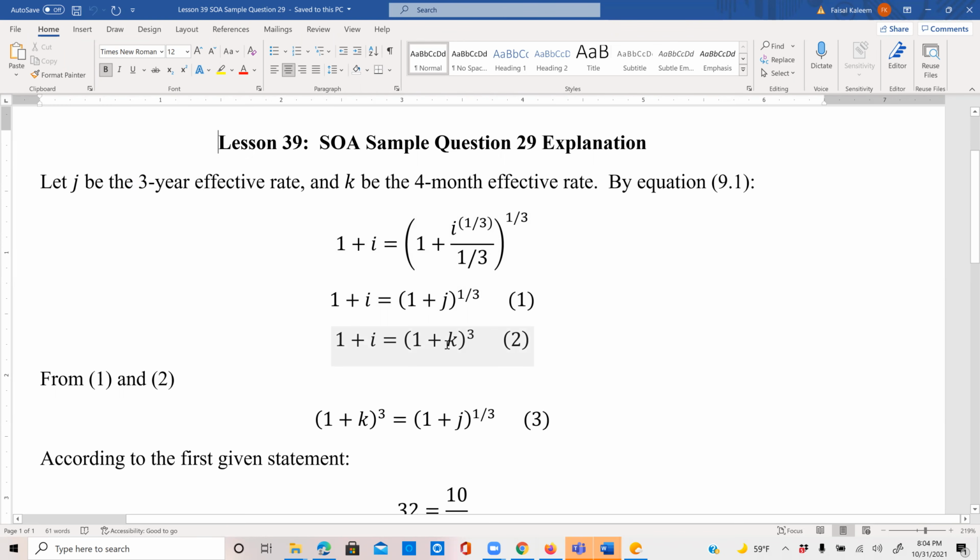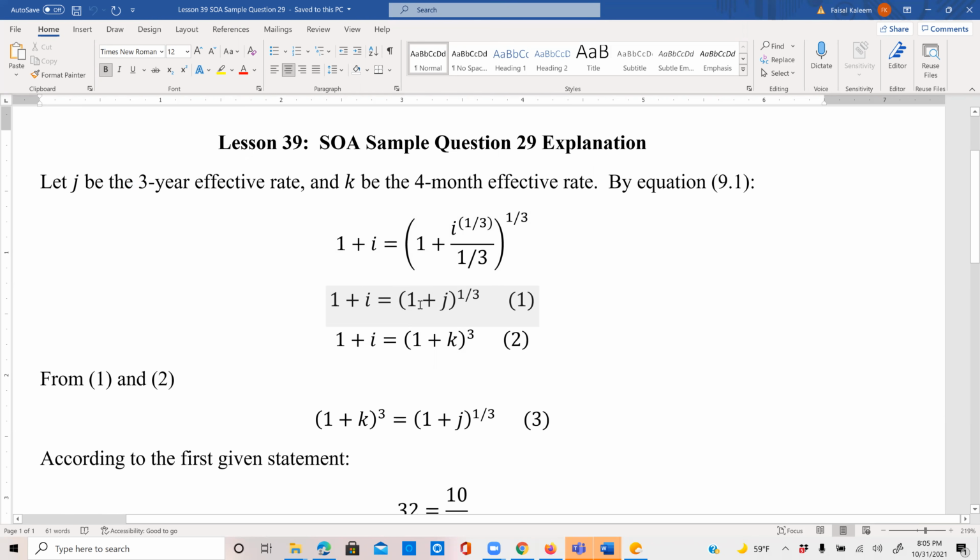Here also, we could have first written it as i^(3) over 3, which is what K is, but by now we have done it so many times that we can just skip that step. In fact, I've done this step for the J part, but for the K part I'm skipping it. If you want to do this step, it would be i^(3) over 3, and that's equal to K. So from 1 and 2, each of them is equal to 1 plus I.